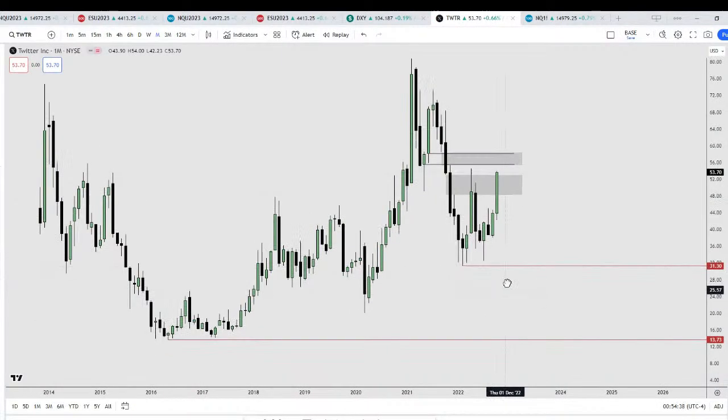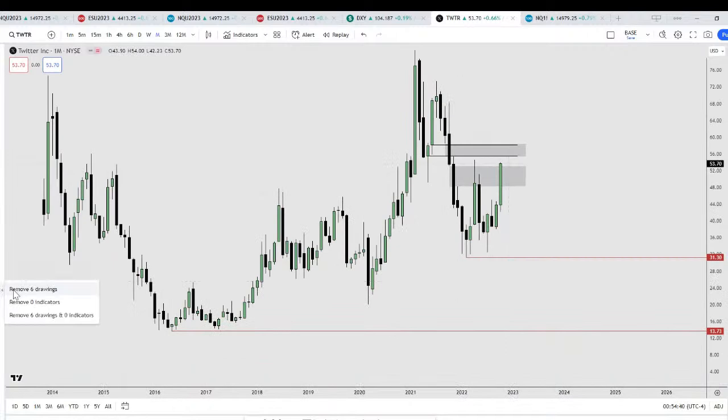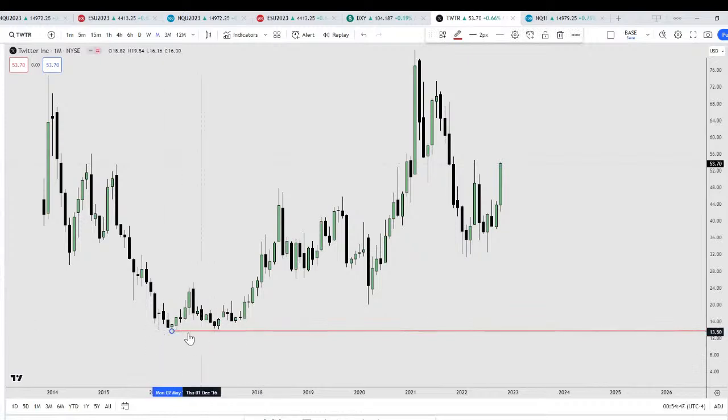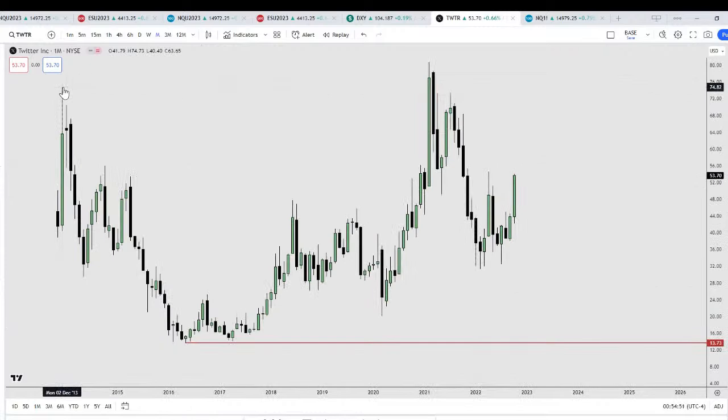So for Twitter, okay, I'm gonna redraw the chart, right? So this is the equal lows that we're looking at, right? And price took out the buy side, smashed lower into this low here, okay?